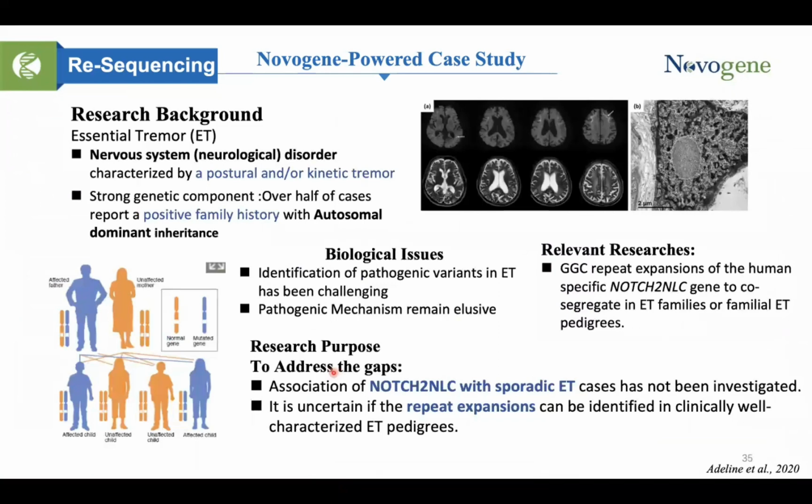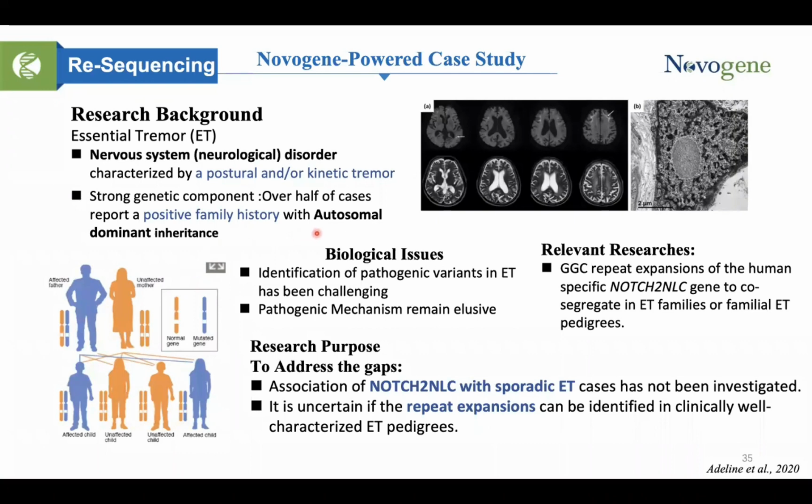This study focuses on essential tremor, ET for short, which remains a clinical diagnosis for patients who typically exhibit no other neurological signs apart from tremor, while some may potentially develop a neurological disorder in the future.